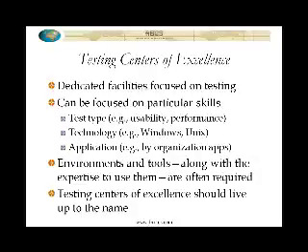Now, you can have a sort of virtual center of excellence, if you will, within and co-located in an existing test team, where you get a group of people together and go, okay, you guys are the test automation center of excellence, right?